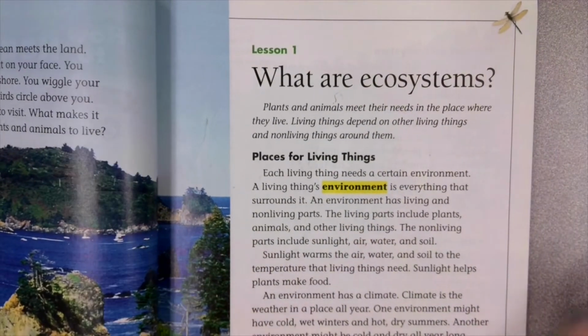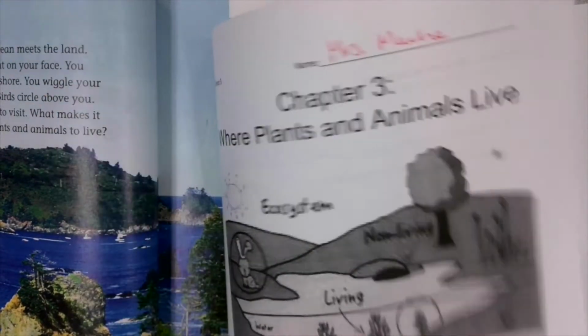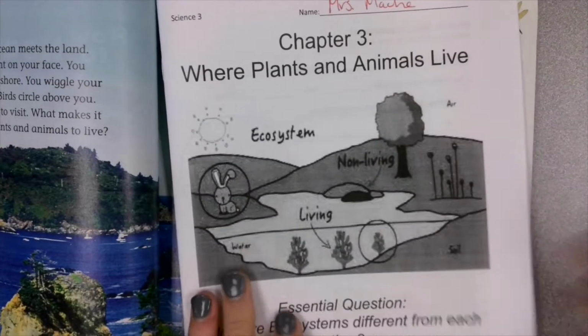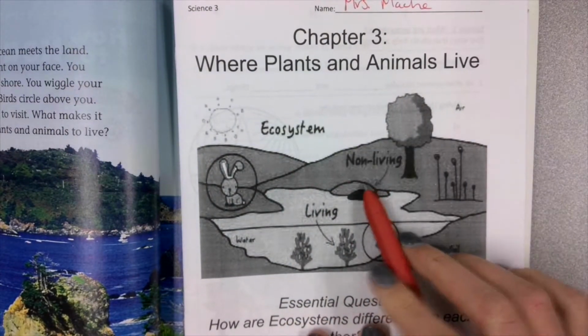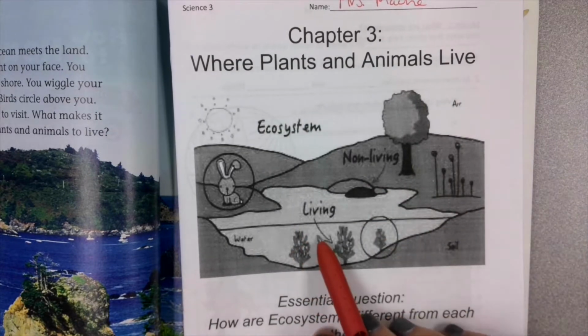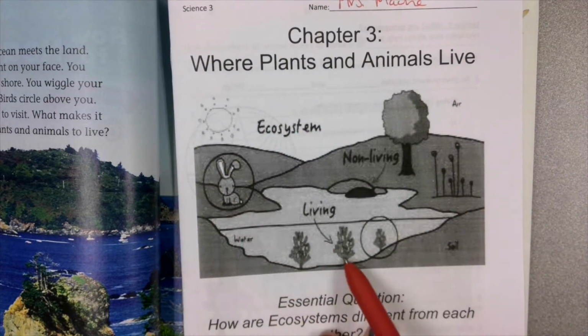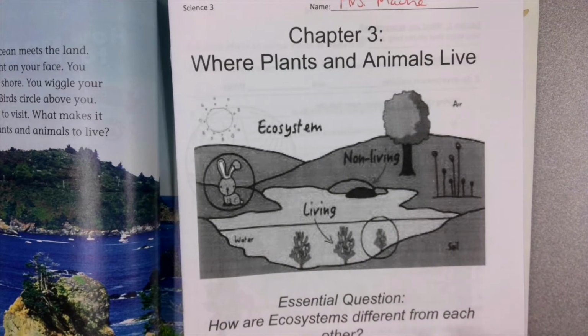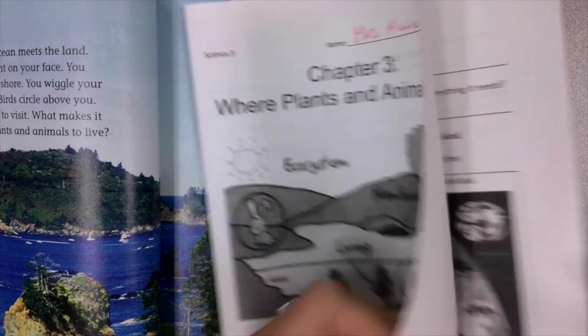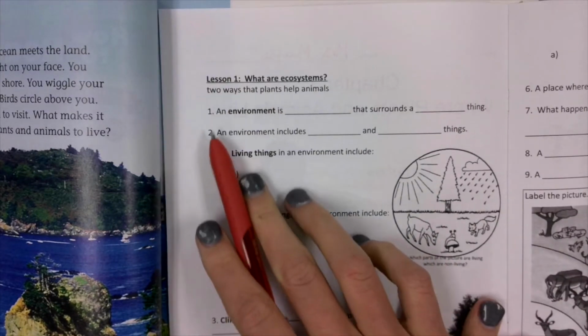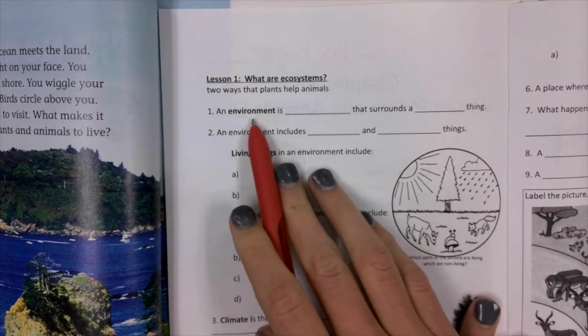What are ecosystems? If you open up your notes, the first thing on the front, you can see that in this ecosystem, we've got some non-living things like this rock, and some living things like this bunny, the plants, etc. Okay? Now, as we start lesson 1, the first thing we're going to be looking for is what is an environment?